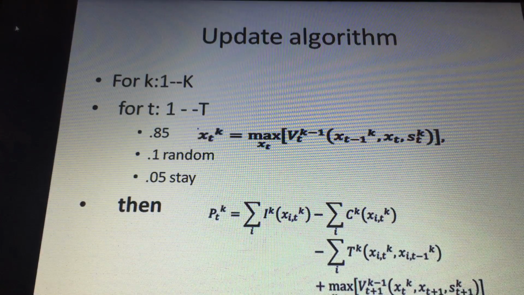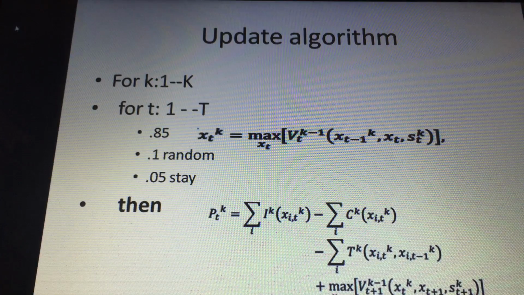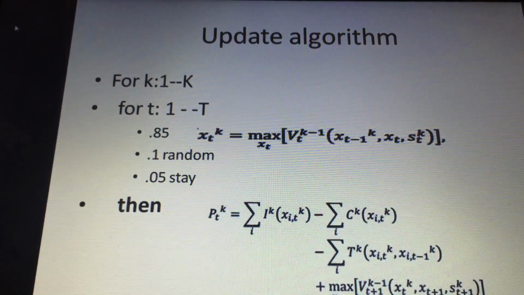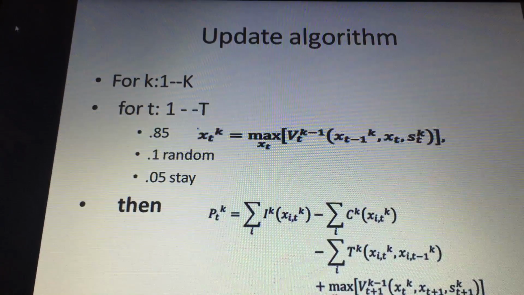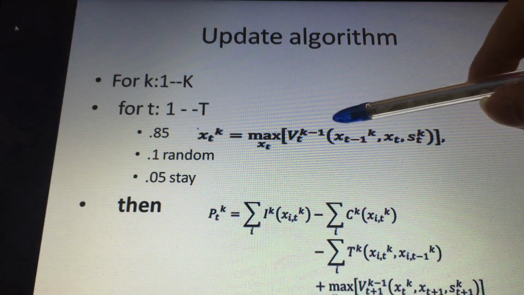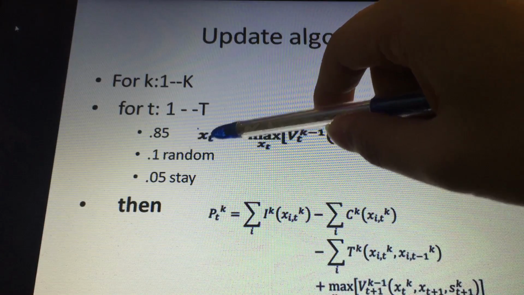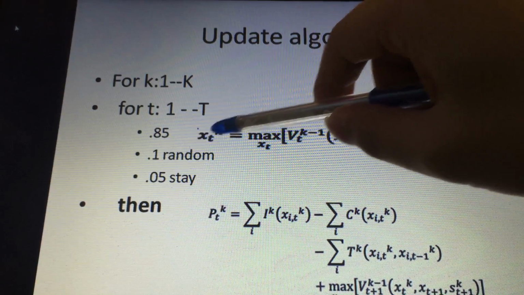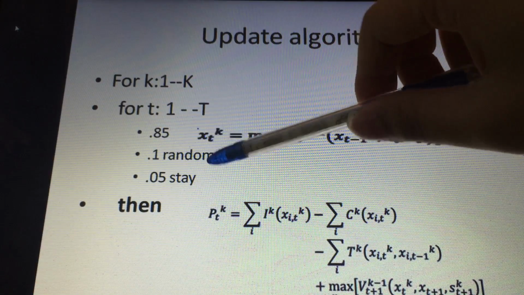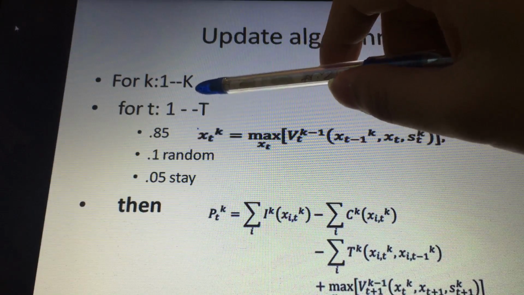So the algorithm is like this. For the iterations, the first step is we have to make the decision of xk, which is the energy sale during hour t under iteration k. This x will have three properties.